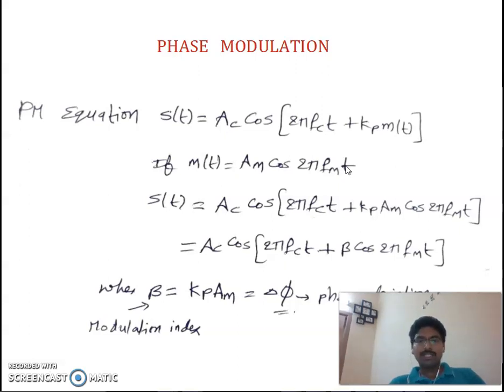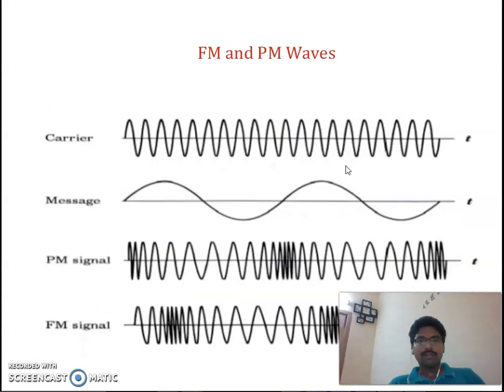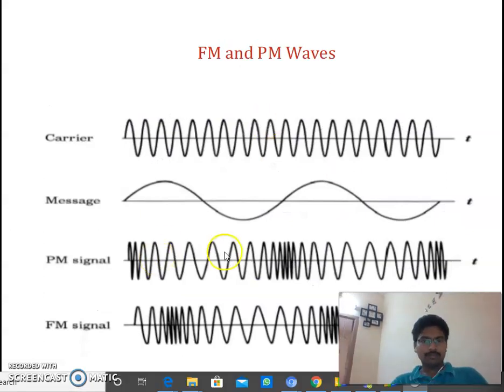Coming to the first slide that we discussed, the phase modulated signal is drawn with respect to the derivative of the message signal. If you take the derivative of this signal, the maximum value and minimum value change at different points, so we get the maximum frequency here and the minimum frequency here.